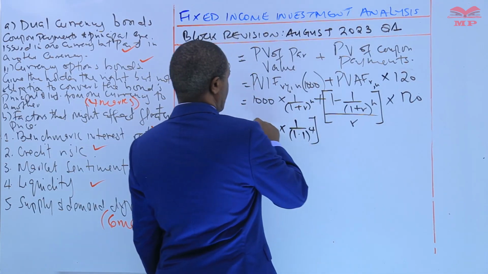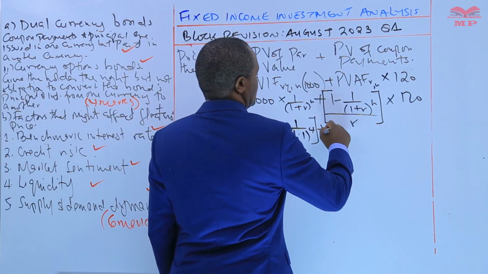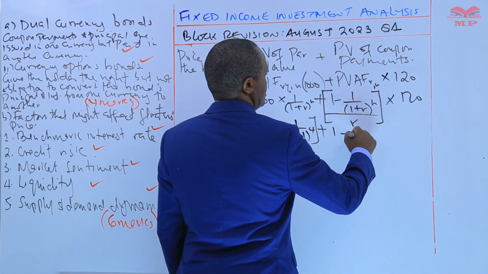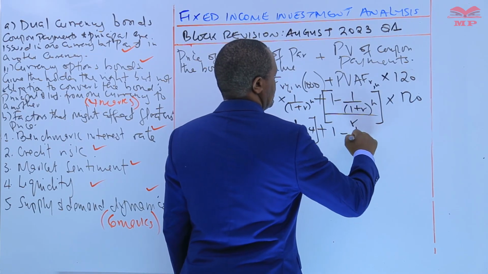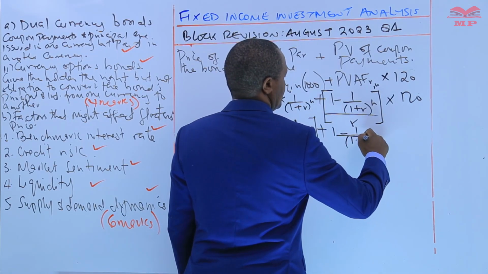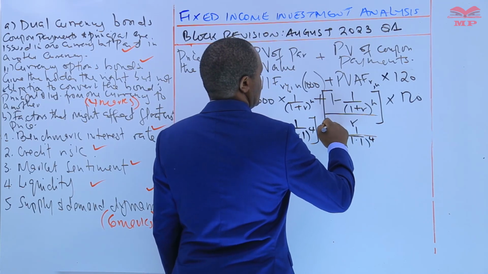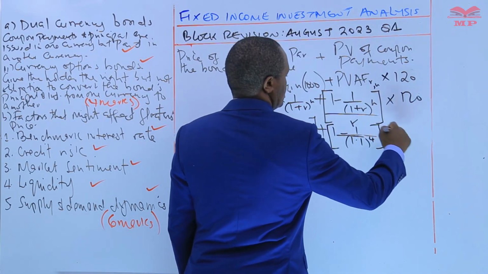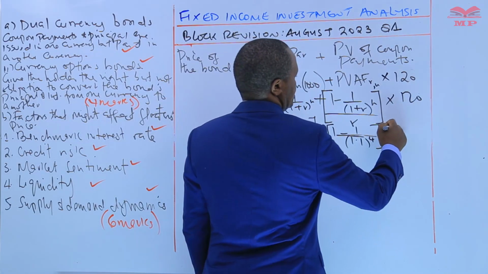So this you are going to add here, 1 minus 1 over 1.1 raised to 4, times 120.